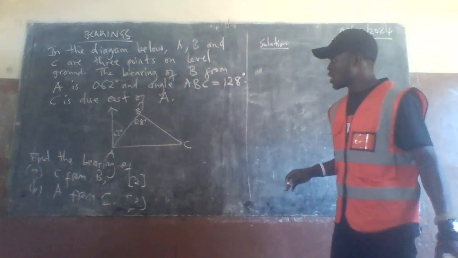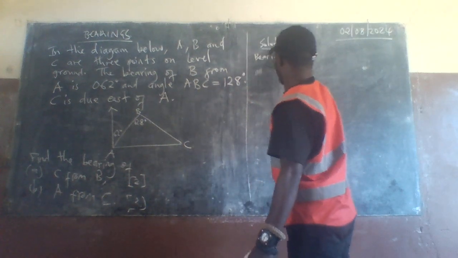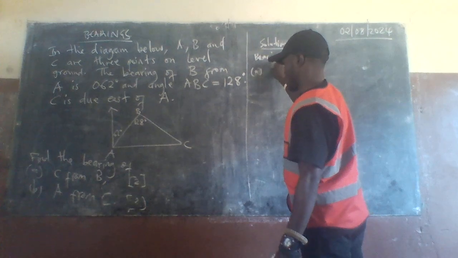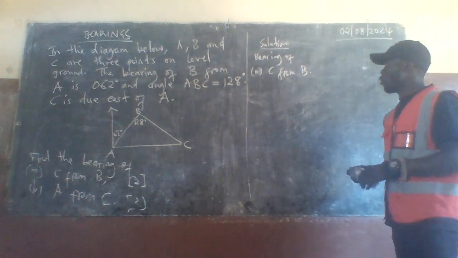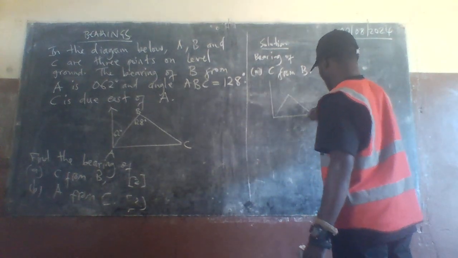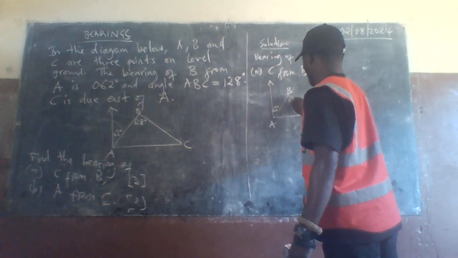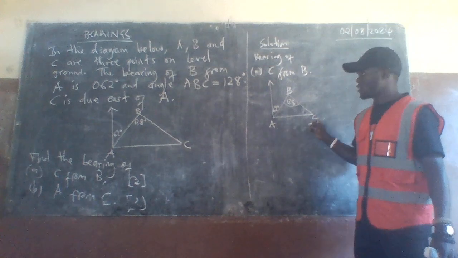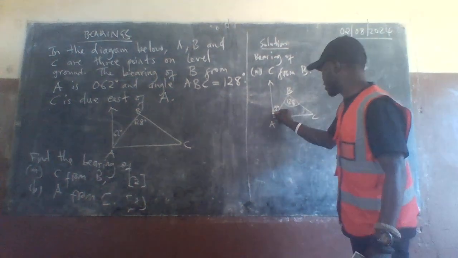Now we start with the first question, which is the bearing of C from B. According to our diagram, since it was said that C is due east of A, it means we have 90 degrees here.